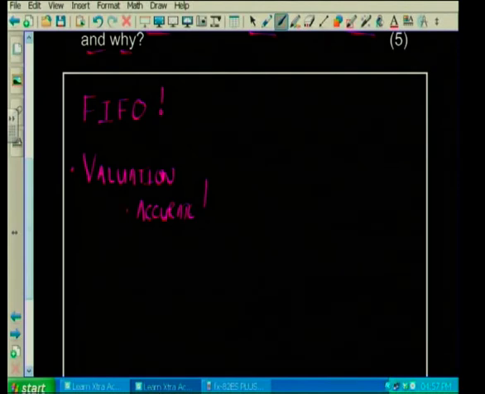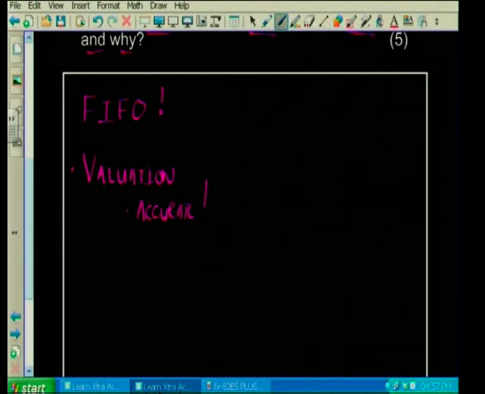You don't have to write paragraphs. Sometimes you write paragraphs of nothing, which means absolutely nothing to the person that's marking it. So yes, you can use bullet formation, especially in accounting, to answer questions of this nature.